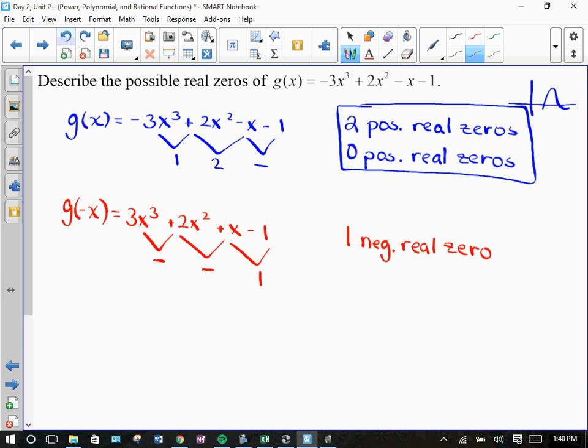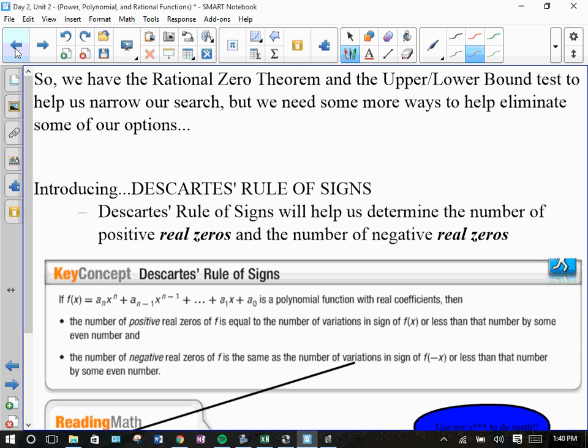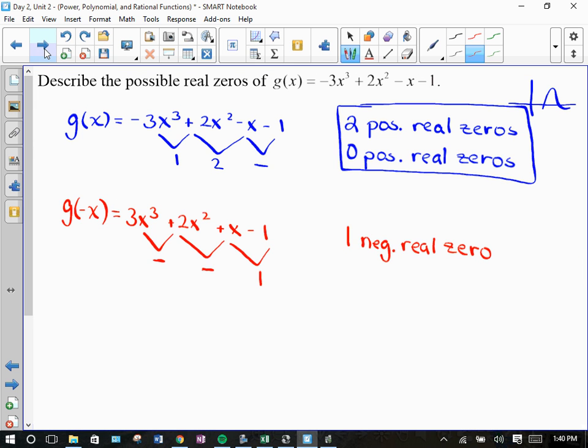Let's think about what this is telling us now. Because if we go back and look at that, it tells us that the number of negative real zeros of f is the same as the number of sign changes of f of negative x, or less than that number by some even number. How do I find a number that's less than a number by an even number? I subtract 2. 1 minus 2 would be negative 1. I can't have negative 1 of something.